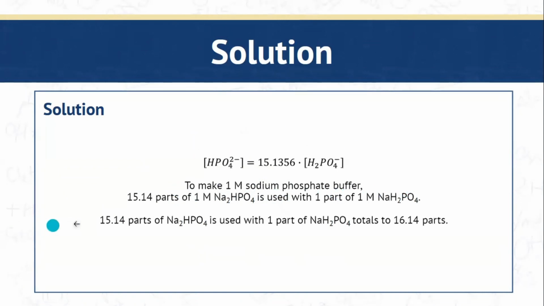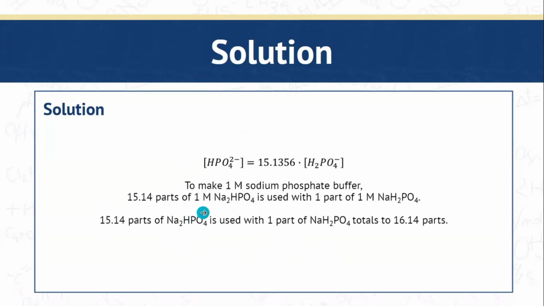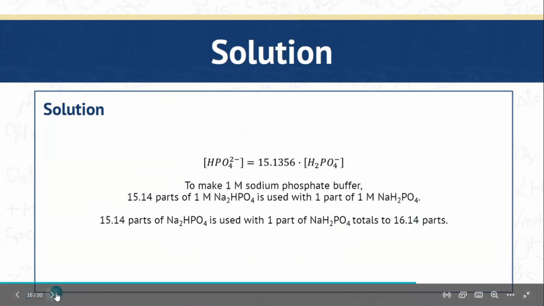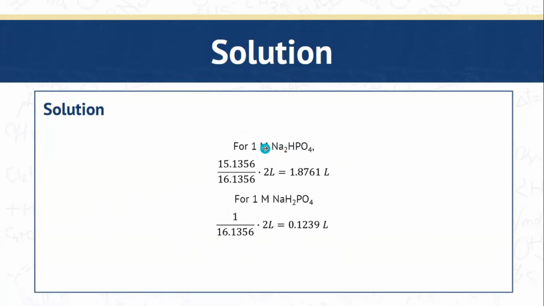In total, 15.14 parts of disodium hydrogen phosphate together with the 1 part of sodium dihydrogen phosphate totals to 16.14 parts of the solution. For 1 molar of the disodium hydrogen phosphate, we need 15.14 divided by 16.14, which is the total, times 2 liters of the required buffer solution.